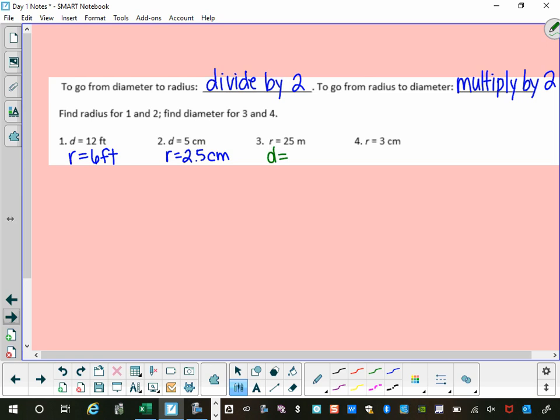How do I find the diameter? Well, we're starting with the radius now. So what's 25 times 2? 50 what? What's your units? Meters. Alright, Izzy, number 4. My radius is 3, so my diameter is 6. Good. 6 centimeters.